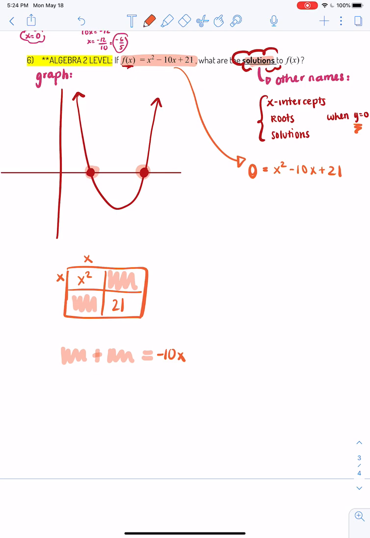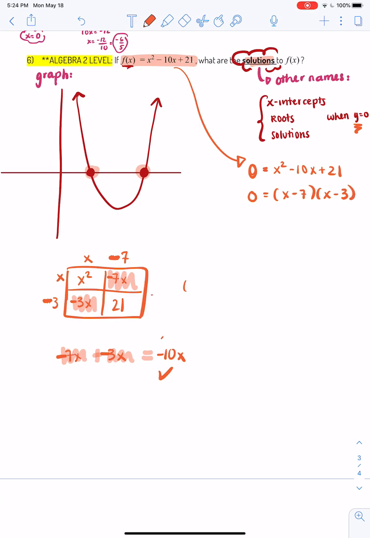And we have to think of, okay, what are two numbers that multiply to 21? Let's try 7 and 3. So plus 7, plus 3, so that would be 7x, 3x. Well, we have 7x plus 3x. Well, that equals positive 10x. So what if we made these negative? Both of them negative. Oh, yeah, that works. Okay. So then we know that our factors now are x minus 7 and x minus 3.